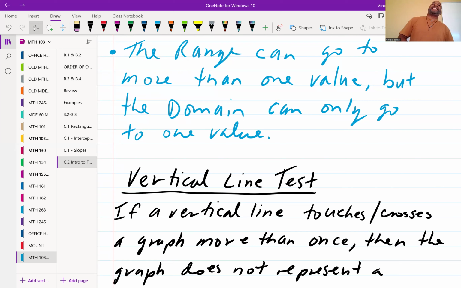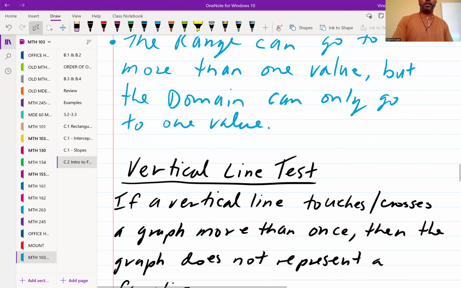So the vertical line test. Now, the vertical line test doesn't show up in C2, but it may show up later on, and it's a relatively easy concept. So we're just gonna go ahead and talk about it since we're here. Anybody holding on to the range statement up there?